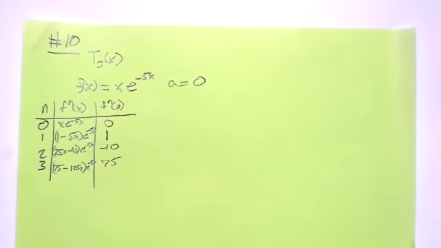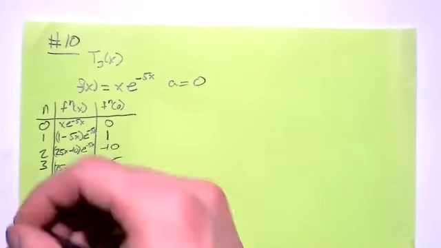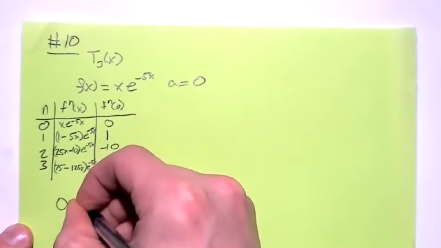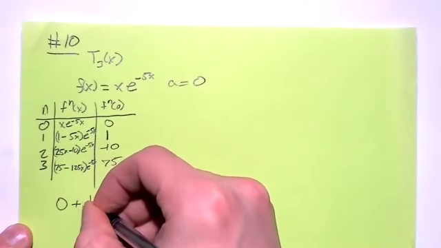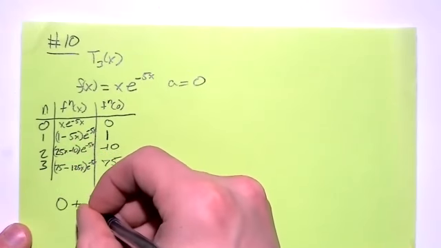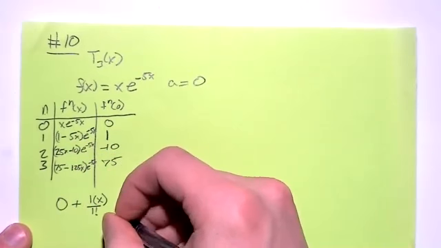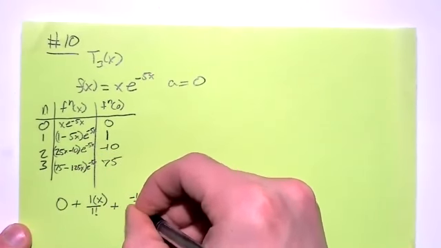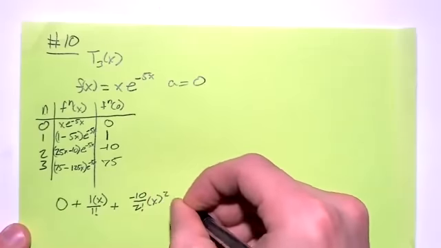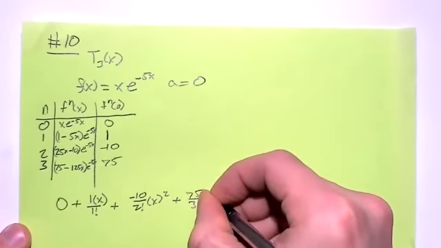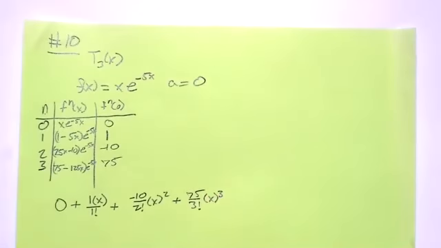Now we want to write out our T3 series. Our first term is 0, plus our second term, 1 times x to the first. It's really 1 over 1 factorial times x to the first, plus our next term, negative 10 over 2 factorial times x squared, plus 75 over 3 factorial times x to the third.